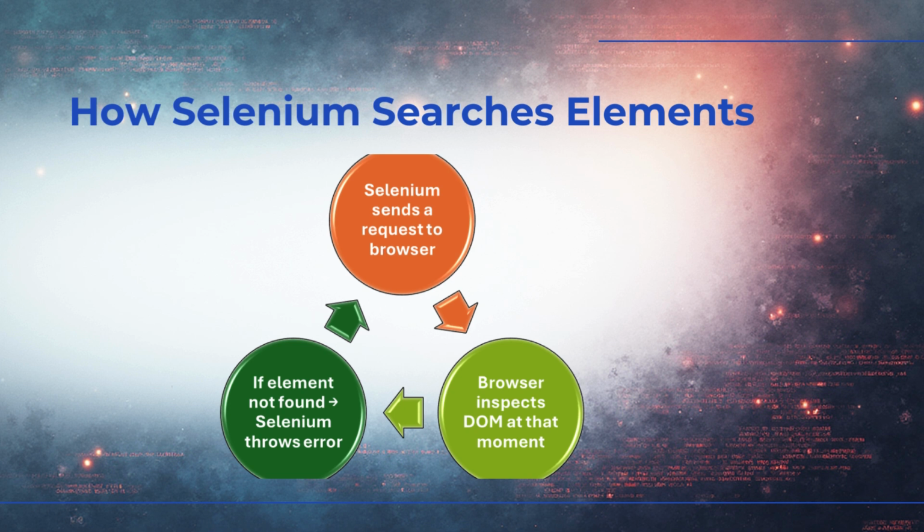Second, the browser processes the request. The browser takes that command and inspects the DOM exactly as it exists at that millisecond. Third, the browser sends back a result. If found, Selenium gets a reference and wraps it up as a WebElement. If not found, the browser sends back an error, and Selenium throws NoSuchElementException.